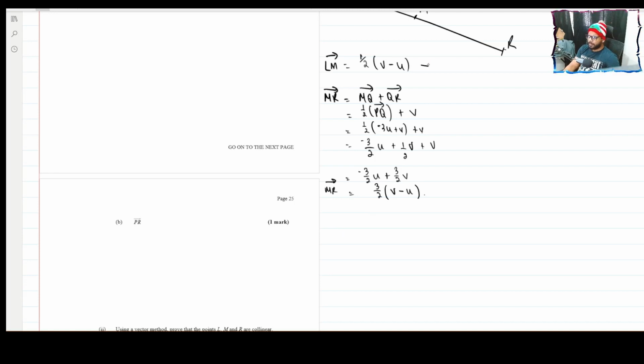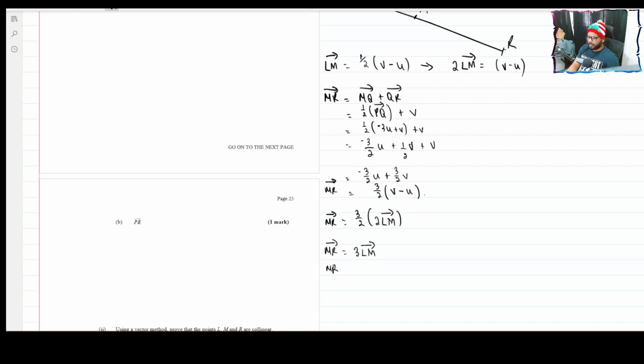From LM, I can say 2LM is equal to V minus U. Now I can say MR is equal to 3 over 2 V minus U, which is 2LM.